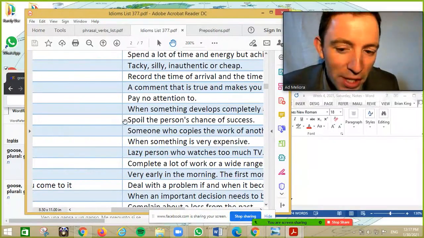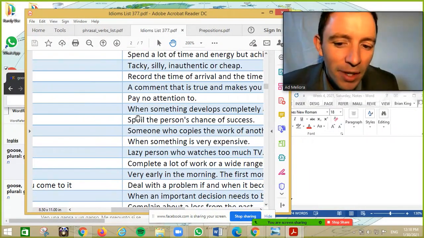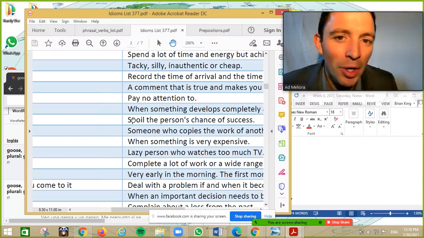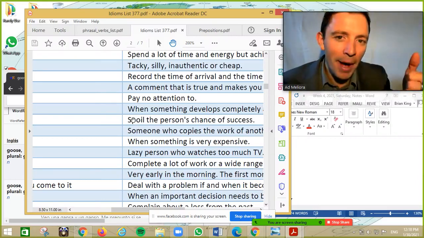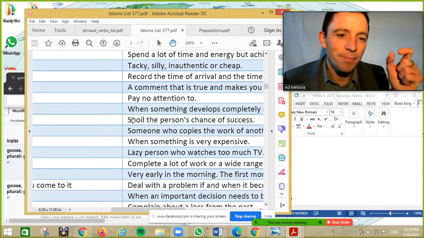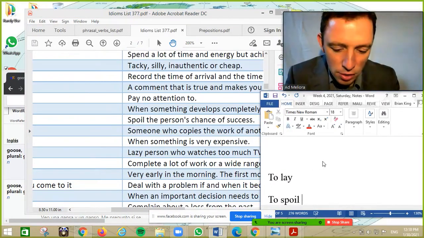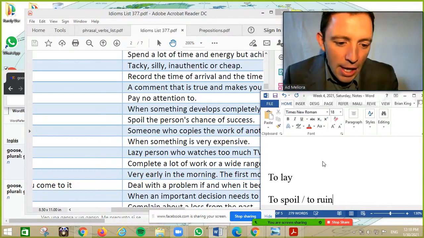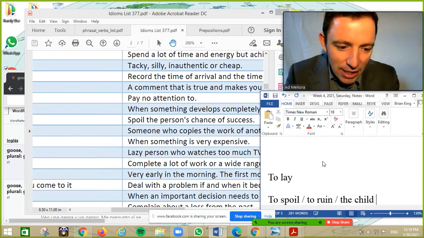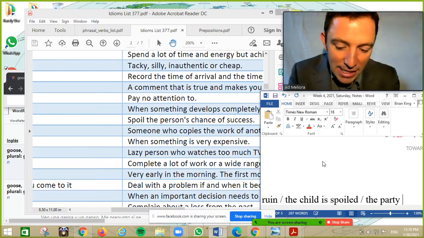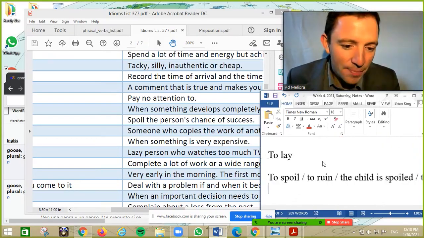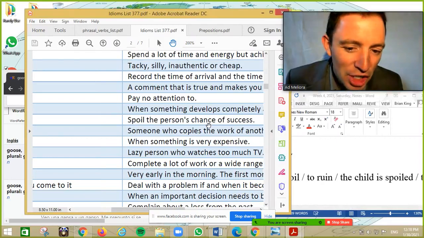The verb to spoil is arruinar, or mimar. Typical with children. If the child is mimado, the child is spoiled. I'm going to write that here: to spoil or to ruin. The adjective: the child is spoiled, the party is spoiled, ruined. And here, the chance is the opportunity of success.